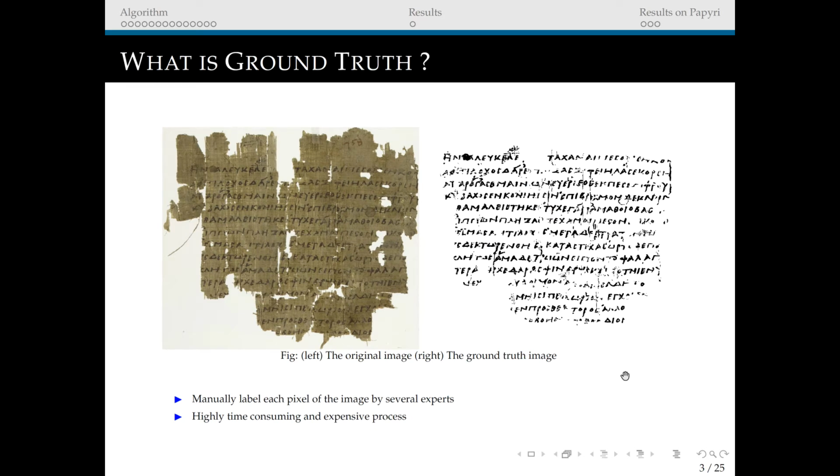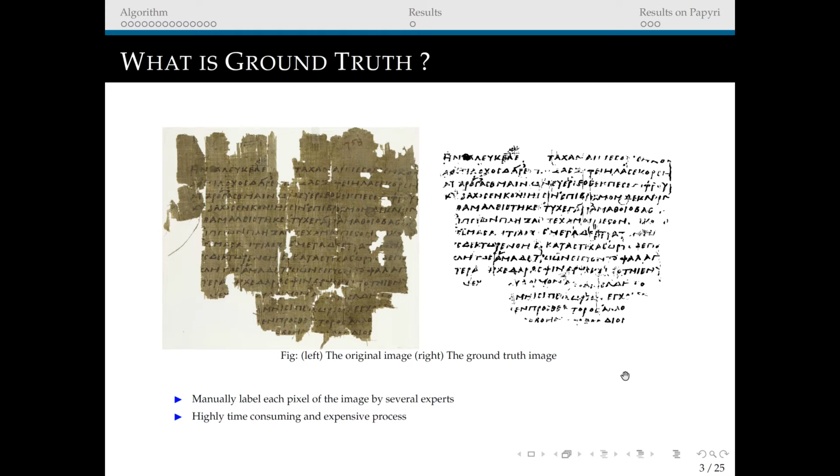Here is one simple example of papyrus data, and this is the ground truth. For those who don't know, ground truth is a very difficult and tedious process where you ask experts from the domain of history or papyrology, at least 4 to 5 experts, to say for each pixel of an image whether it's text or background.